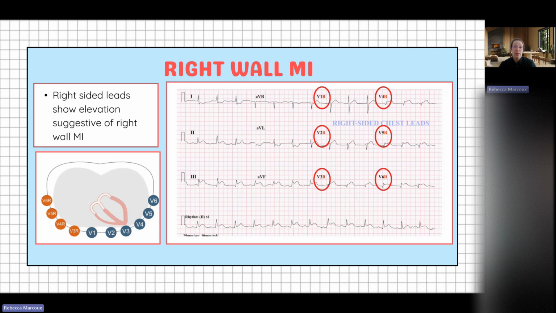There's absolutely ST elevation in all of these leads here. So we would confirm right-sided involvement by having ST elevation in our right-sided leads. Even if we just did V4R and there is ST elevation in that lead, that would confirm that there's right-sided involvement.